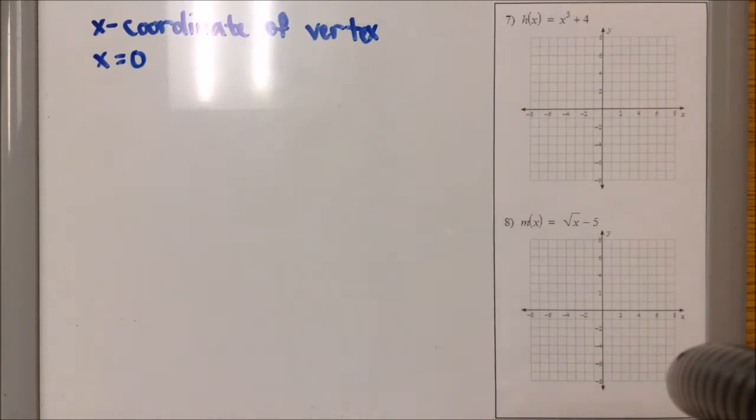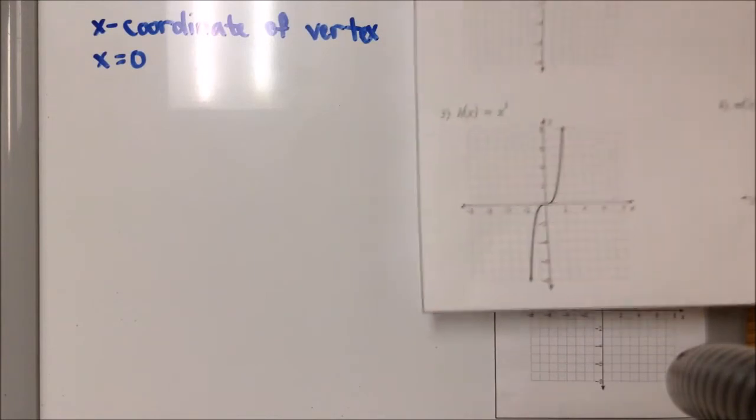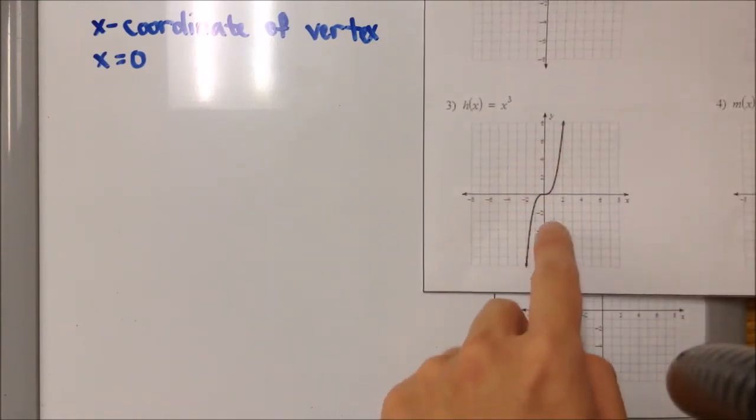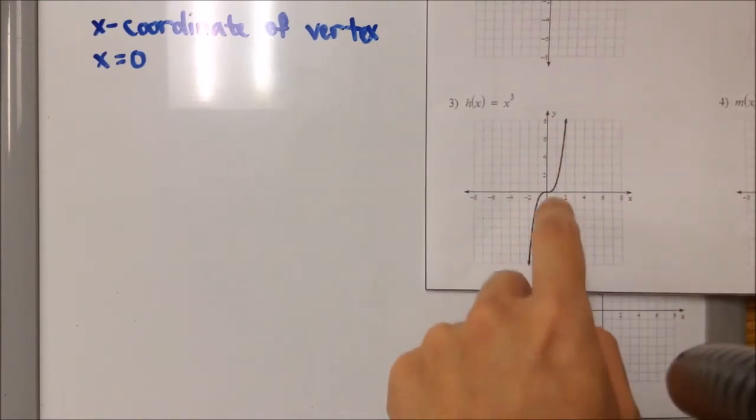And just like the last 2 examples, we just need 3 points. Like I said before, it doesn't have to be a precise graph of this parent function, this cubic parent function.